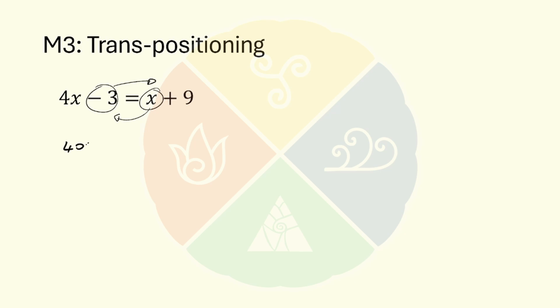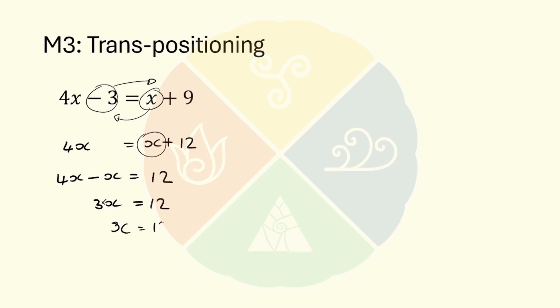That is 4x is equal to x plus 9 plus 3. 9 plus 3 is nothing but 12. Now x changing side, we get 4x minus x is equal to 12. And that is 3x is equal to 12. Now multiplying 3 will become dividing 3. Answer is 4. So this is the way of finding the solution.